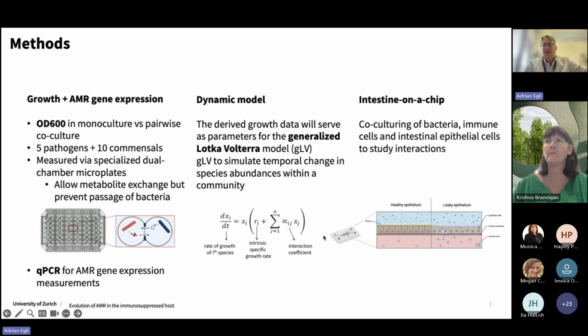And then in the last step, she will do a transwell plate. That's then our first step towards organoids, where we plate epithelial cells. Most likely we will not take primary cells from patients. Obviously, we anyways don't have gut biopsies from these patients, but a cell line, and then add bacteria on top of this and study this.